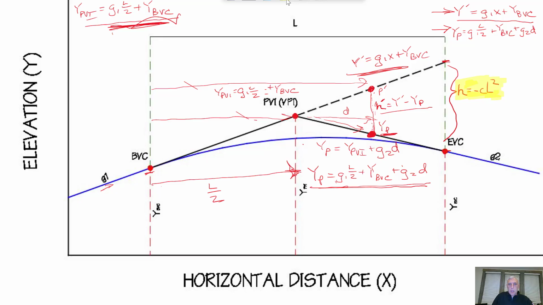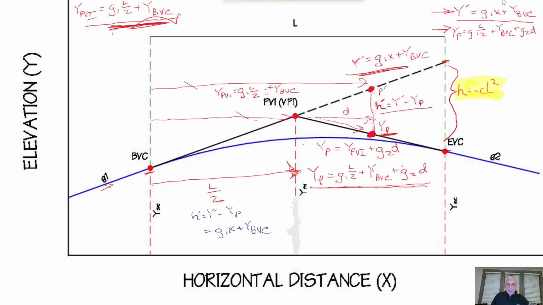Let me see if I can make a space there in that central red. Okay, well I can't erase that red line, but I drew some gray over it. I'm going to write in purple now. So we have h prime equals y prime minus yp, which equals, what's our y prime? Our y prime is g1 of x plus y BVC.